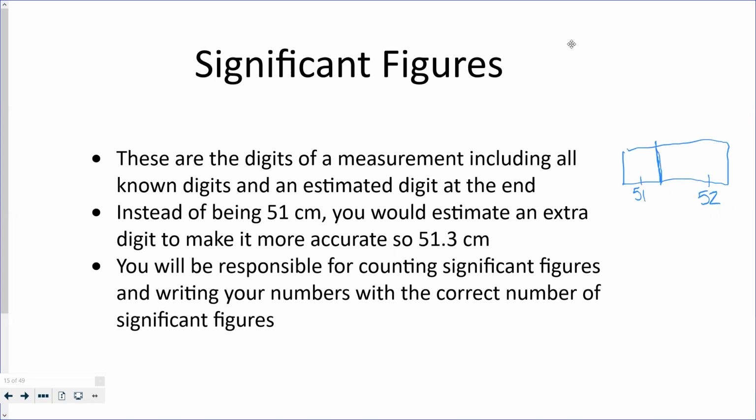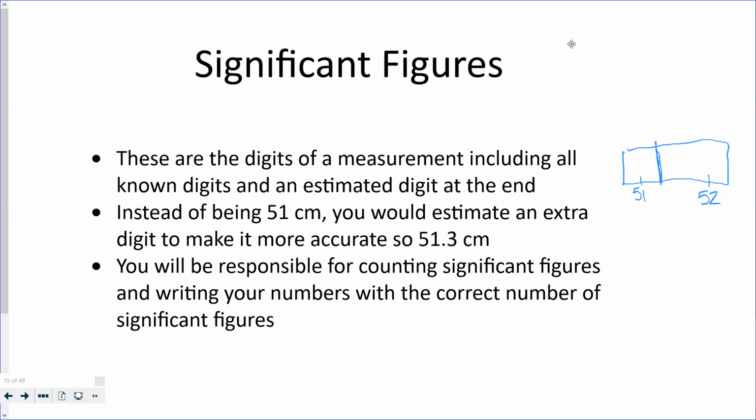So we could say that this is about 51.3 centimeters. Now you're eyeballing it because you don't have tenths places there. You're just looking at how far between 51 and 52 it is. So you might have it down as 51.2, 51.4, something like that.